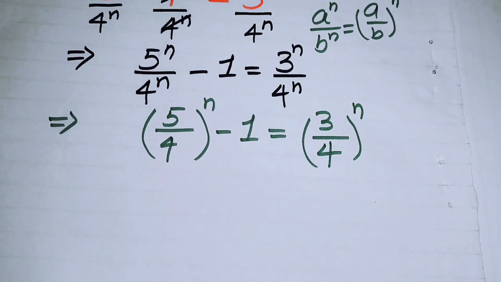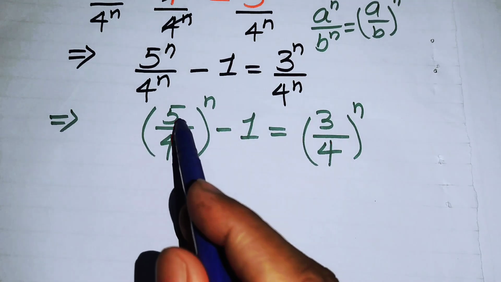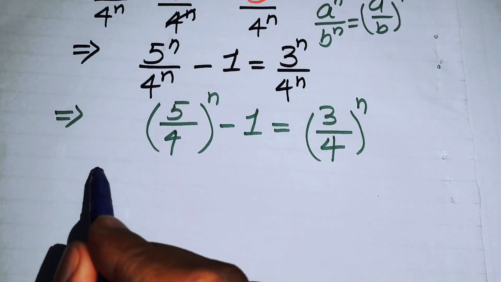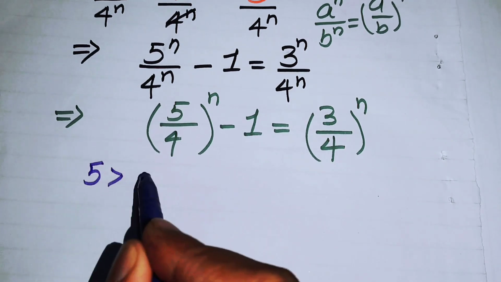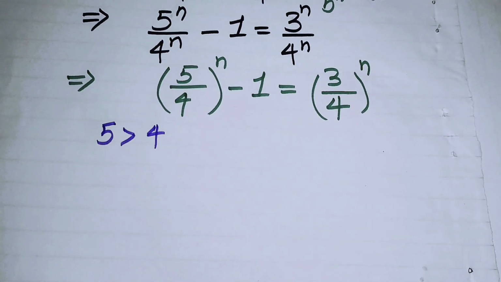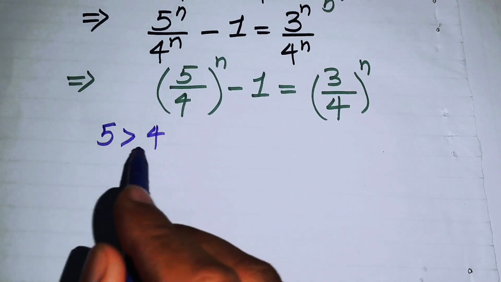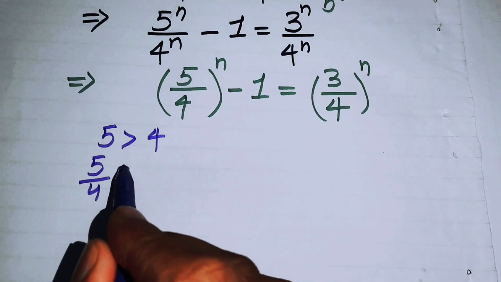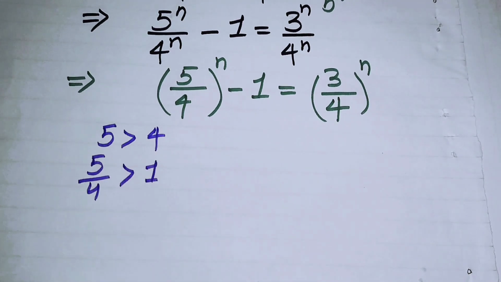In the next step we will focus on both of the sides. If we talk about this 5 and 4, you know that 5 is greater than 4. So if 5 is greater than 4 and we divide both of the sides by 4, then you get 5 over 4 is greater than 1.